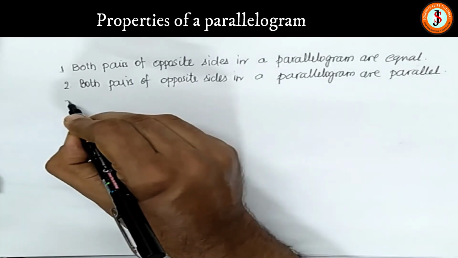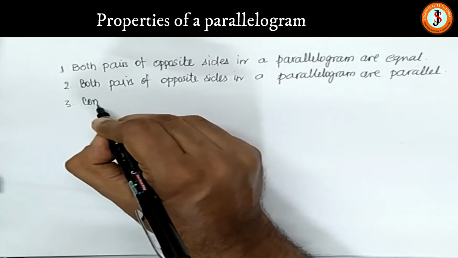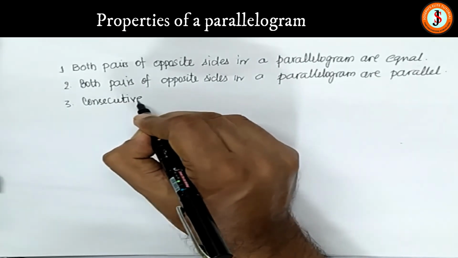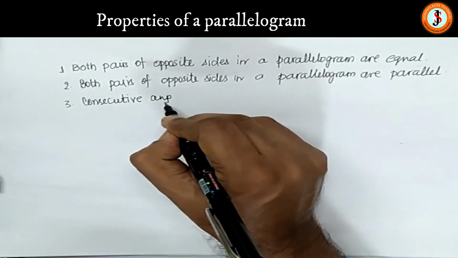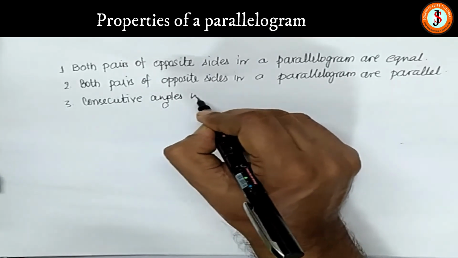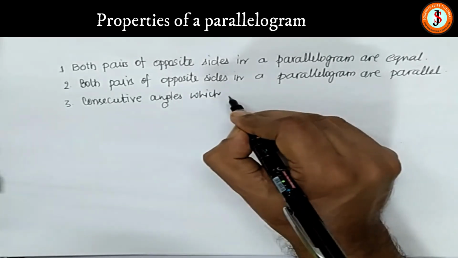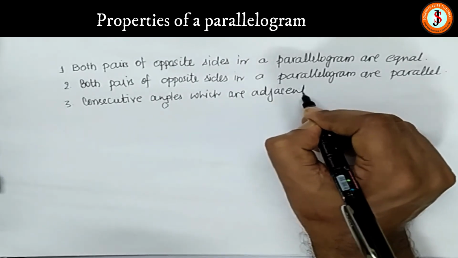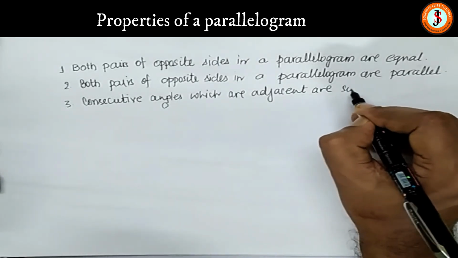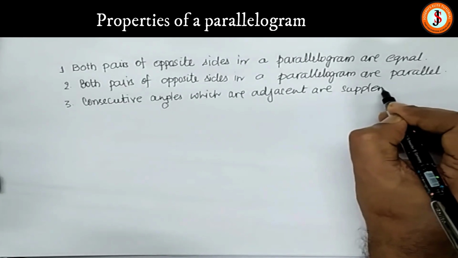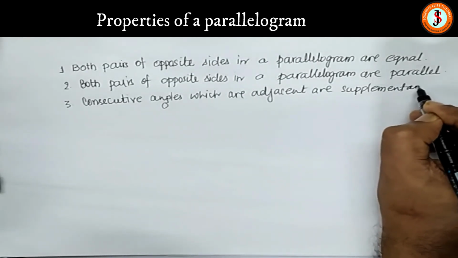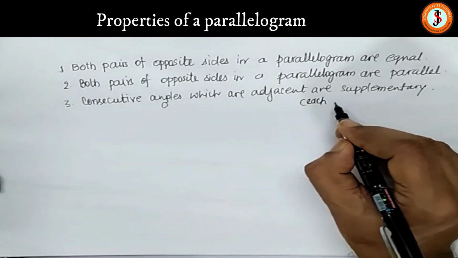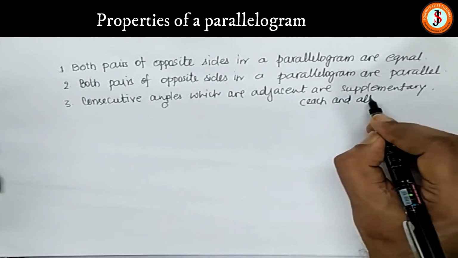Then consecutive adjacent angles are supplementary. Consecutive angles which are adjacent are supplementary, each and every pair of consecutive adjacent angles.